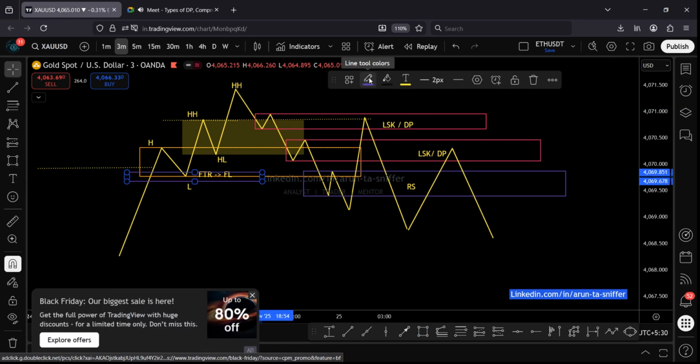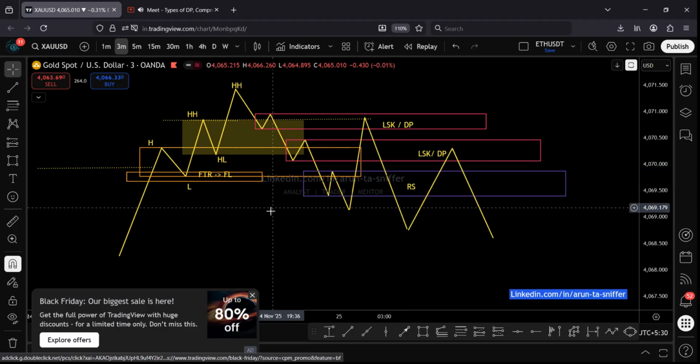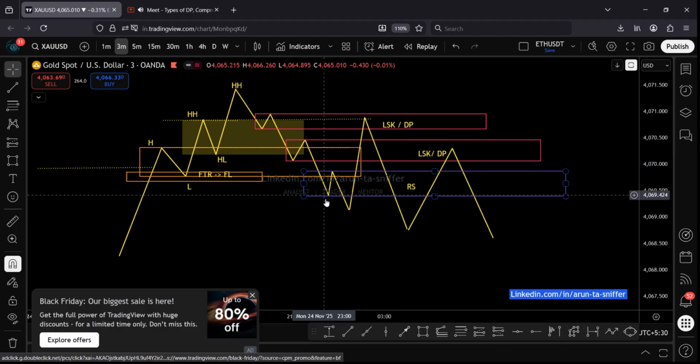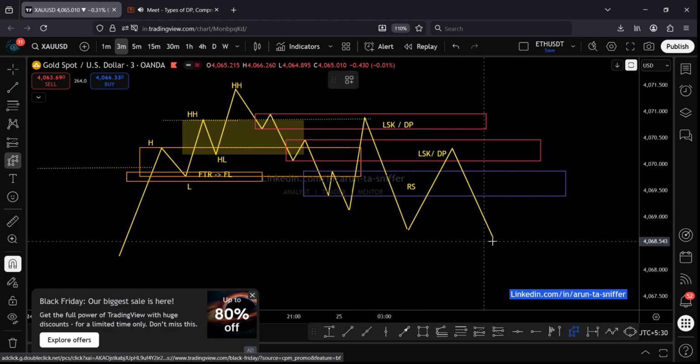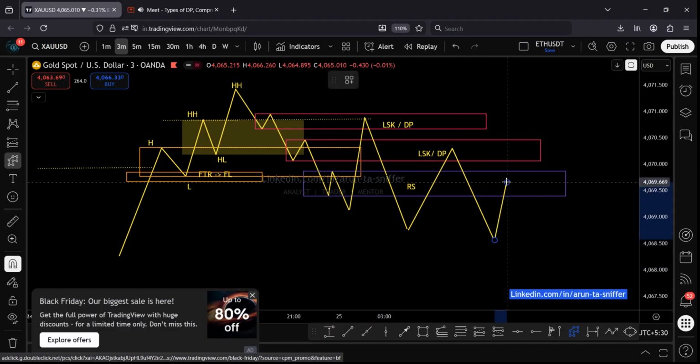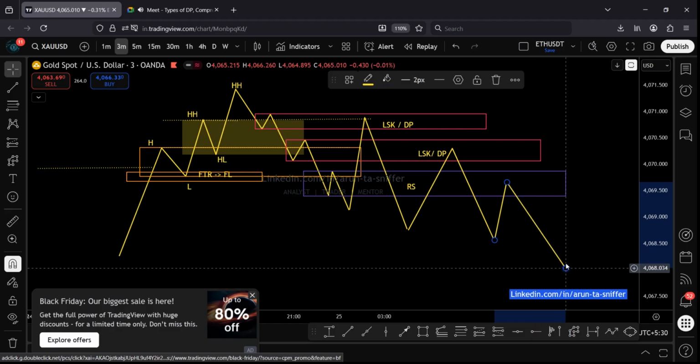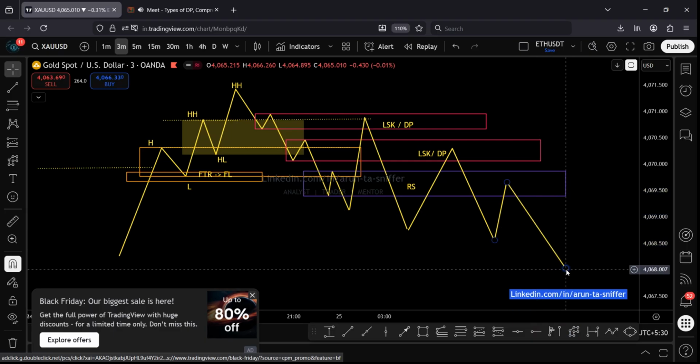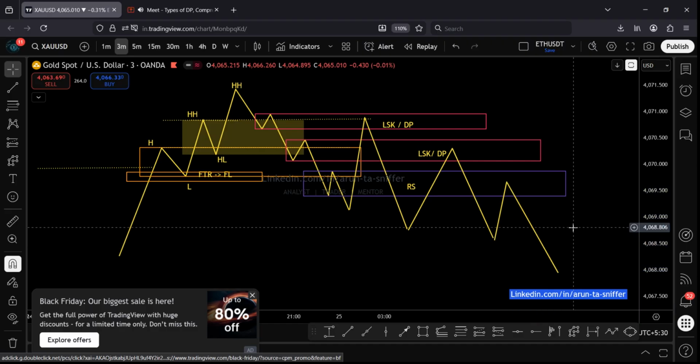This will also have its own DP. So what is happening here? Price is crossing this, coming down. The price goes back to this zone and comes. You see how price is playing? So this is our DP for flag and DP for flag limit.